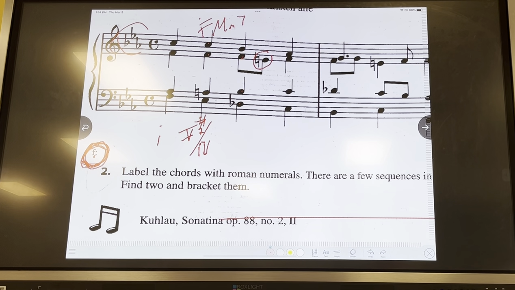No, so what is that? What kind of non-chord tone? Neighboring tone. Yes. It says label all non-chord tones. Is that accented or unaccented? Unaccented, because it's on the offbeat. We don't have to label that, right? You don't have to label that.